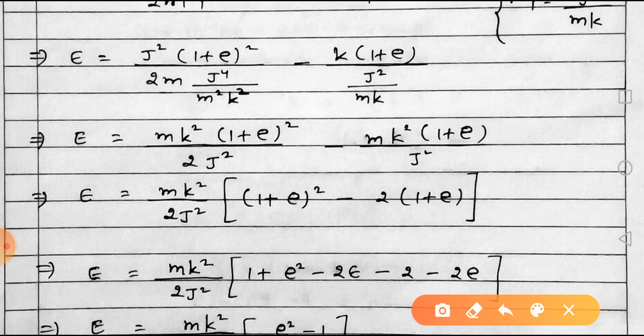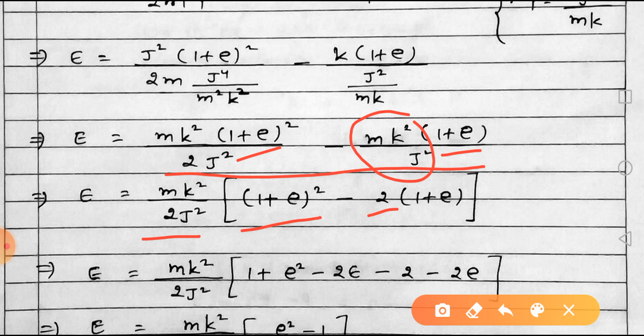So cancel out all the terms and we get this equation. Now here we take common mk square upon 2j square. So here only (1 plus e) square minus mk square upon j square outside, which is the common part, and 2 is multiplied with (1 plus e).